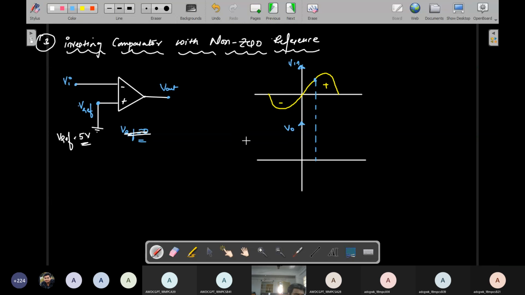The output voltage we collect at the output terminal maintains a 180 degree phase shift with its input voltage. Understand that the output voltage maintains a 180 degree phase difference with the input voltage. So therefore here we consider positive and negative. First of all, this is the input signal which was given to the inverting terminal.